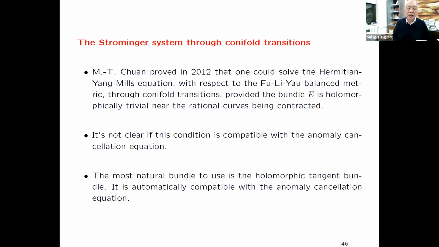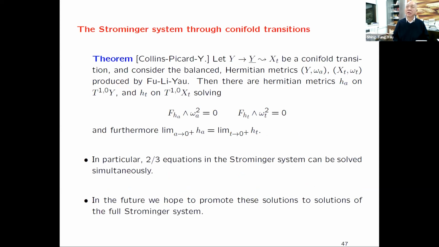So we still would like to deal with the anomaly cancellation equation. And so in this case, we would like to assume the bundle, the natural bundle, to be the holomorphic tangent bundle. And then a few years ago, Tristan Collins and Picard and myself worked on this, and we can understand it and solve it.